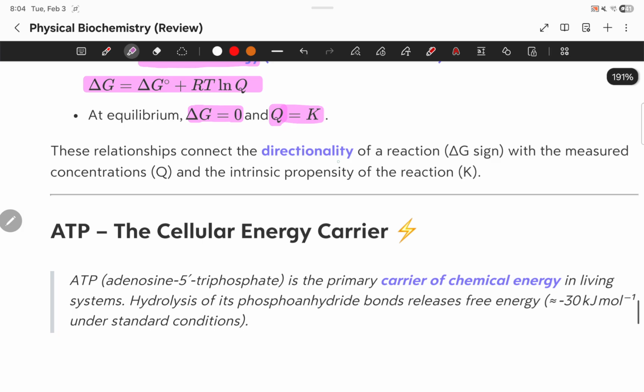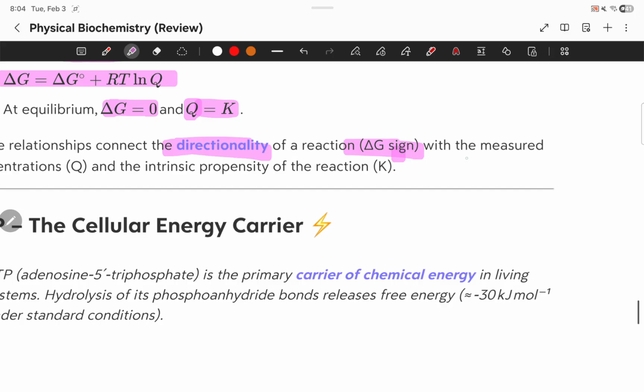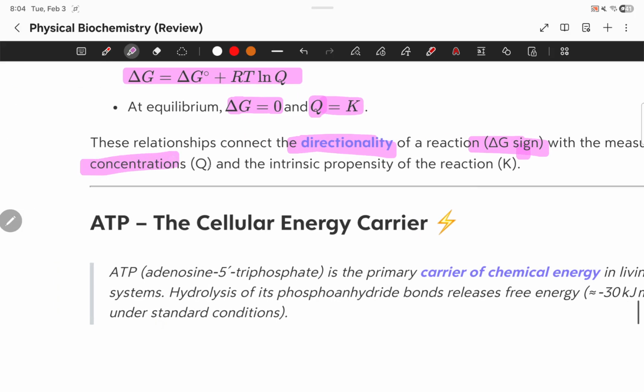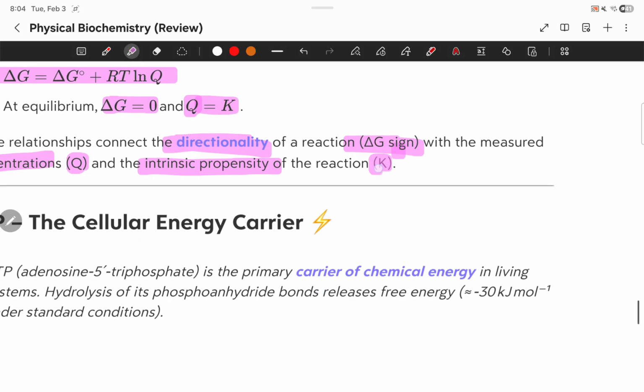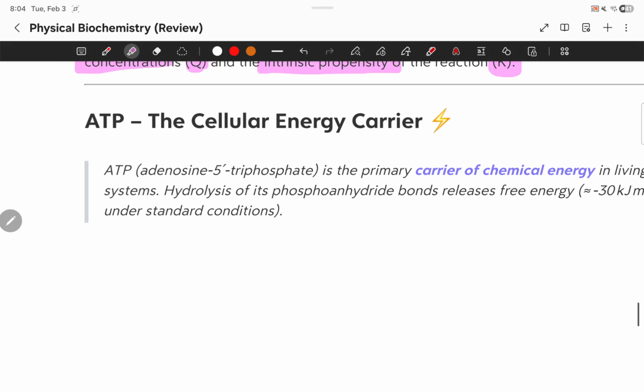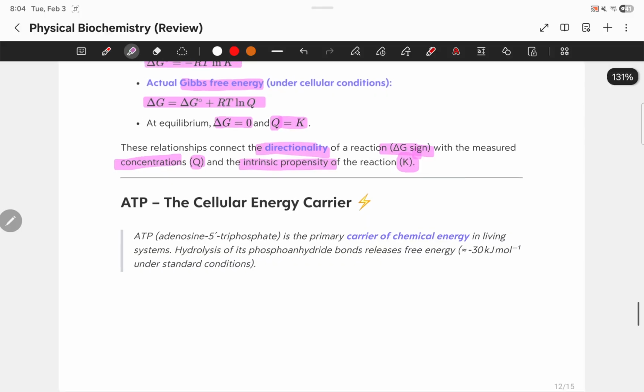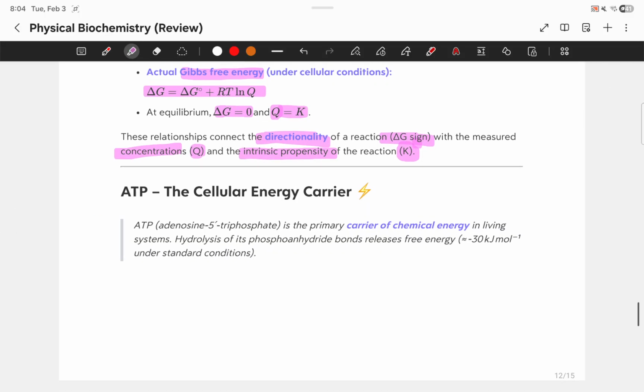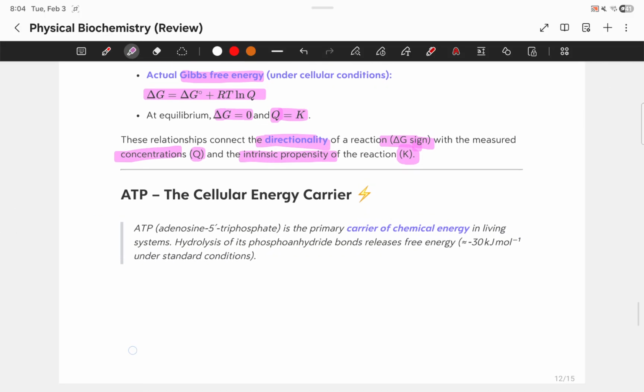These connect the directionality of a reaction, giving us the delta G sign, with the measured concentrations Q and the intrinsic probability of the reaction, K. Okay? Now, moving on to ATP, the cellular energy carrier.